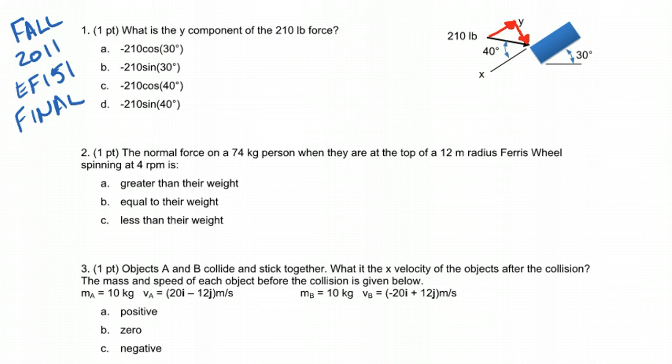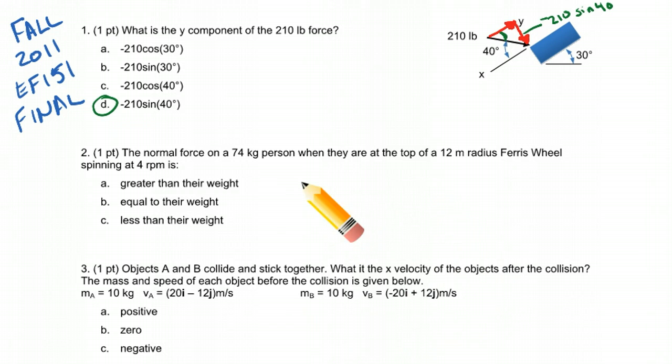Okay, so this 40-degree angle is this 40-degree angle, and that's the opposite side, so that's going to be 210 sine of 40. Okay, it's going to be minus because it's going downward. Our Y direction was upward, so minus 210 sine 40 is choice D here.